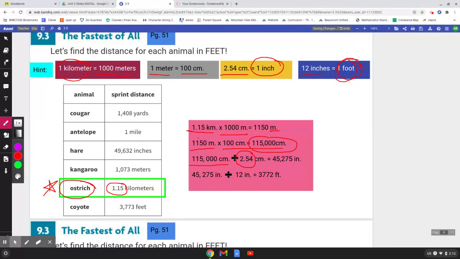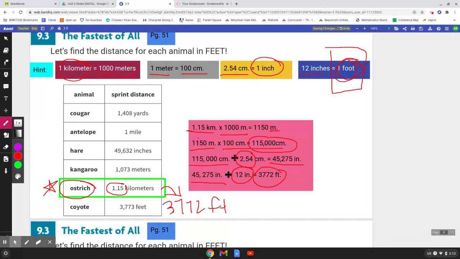And I'm going to get the 45,275 inches. Now remember, I'm making them all in feet. So now I'm going to take those inches, 45,275, and I'm going to divide it by 12. And your answer would then be 3,772 feet. And that would be for the ostrich.